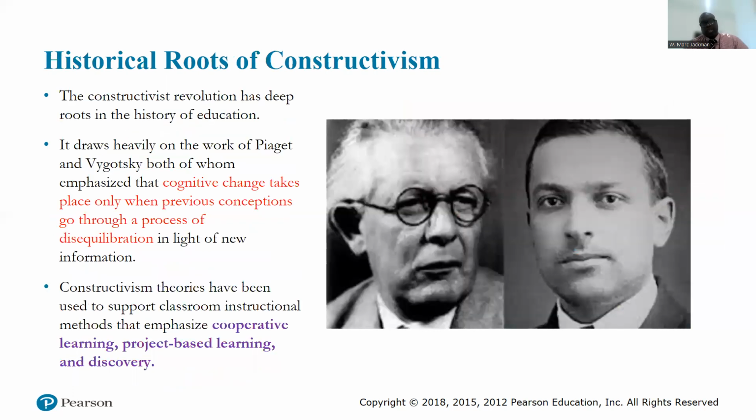Where does this come from? The two men you see on your screen, the one on your left would be the older looking gentleman, is Jean Piaget, and you would have heard of him. And the other, the younger looking one, is Vygotsky. And of course, Piaget is the main proponent of cognitive development through learning.